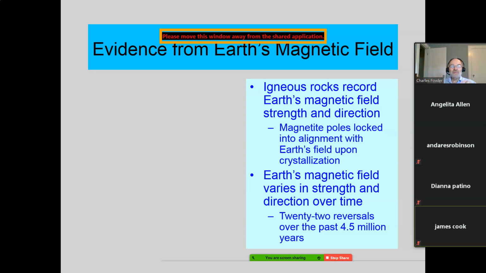So what happens when you have iron materials coming up from the Earth's interior? Everything's a liquid, and it solidifies, okay? Now, if the Earth's magnetic field were very, very strong at that time, then you get magnetite pointing in the direction of the Earth's magnetic field, strongly pointing there, strong layers of magnetite.